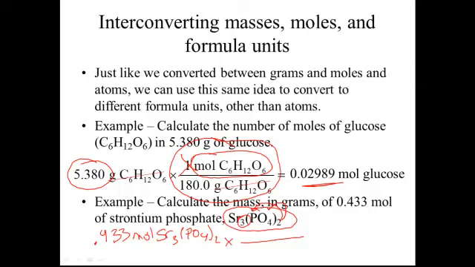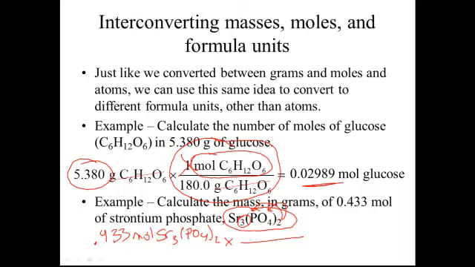Now we've got 4 oxygens, but again, there's 2 of them, so that's 8 oxygens. Oxygen, rounding again, we get 16.0. So 16 times 8 is 128.